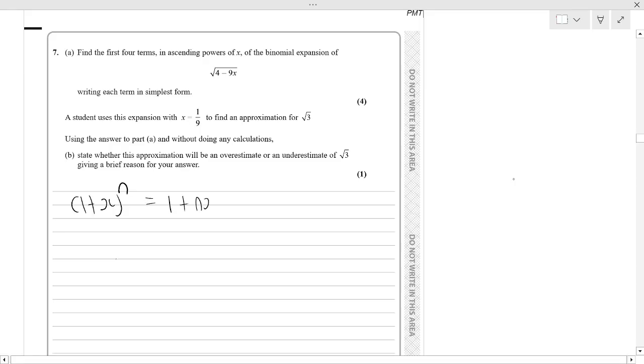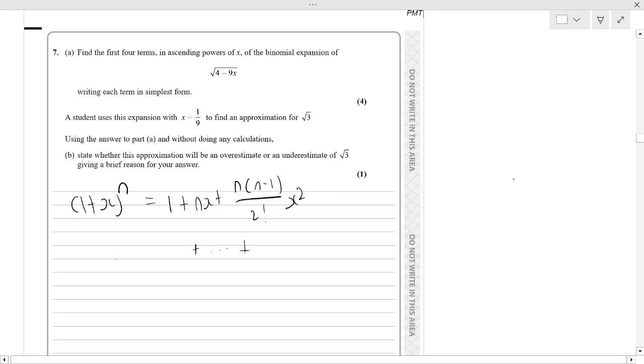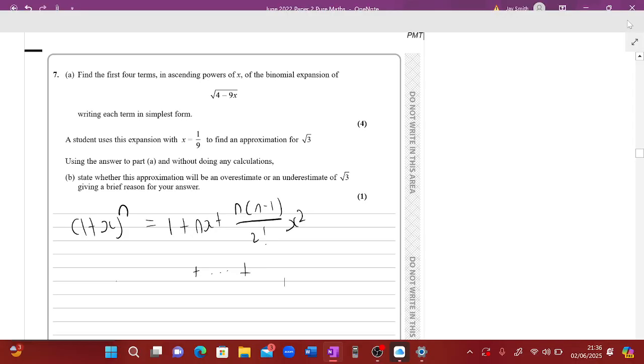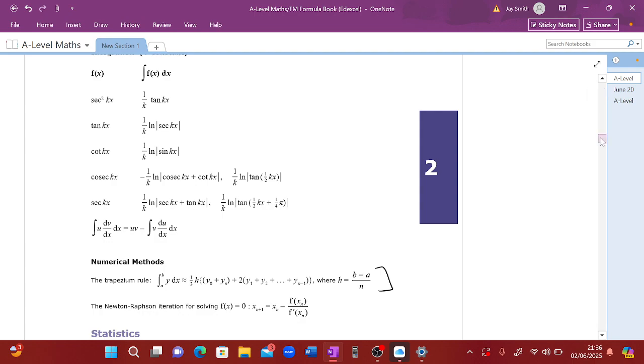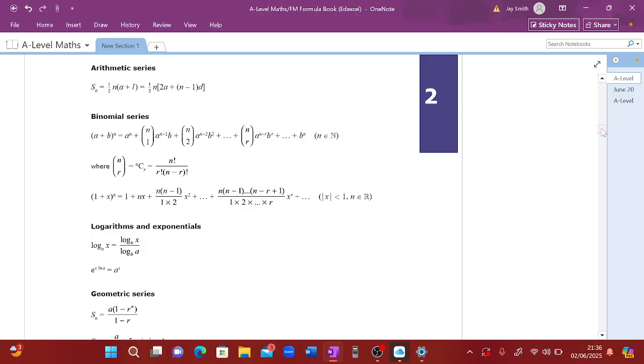I think it's 1 plus nx plus n(n minus 1) over 2 factorial x squared, plus dot dot dot, and then the final term goes like that, I believe. In fact, I'm going to double check I'm right here. And I'll show you where it is as well. It's here. There we are, this part.